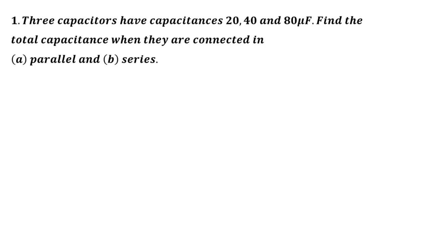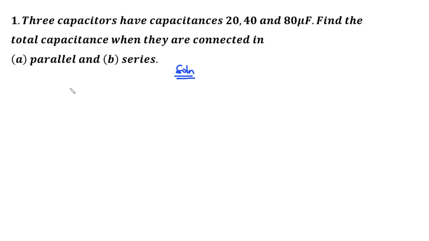For the first question, 3 capacitors have capacitances 20, 40, and 80 microfarads. Find the total capacitance when they are connected in A, parallel, and then in B, series. Let's solve this together.